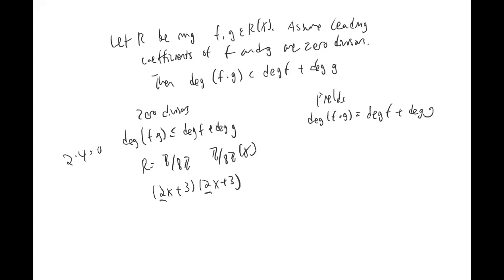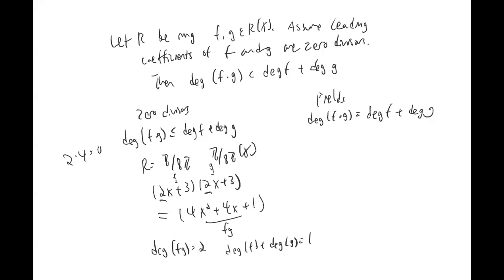If this is your F and this is your G, the product is 4X squared plus, well, 12X is just 4X, so 4X plus 9, which is just 1. So this is FG, and in this case the degree of FG is 2. The degree of F plus the degree of G is 1 plus 1, which is 2. So we still have equality here.